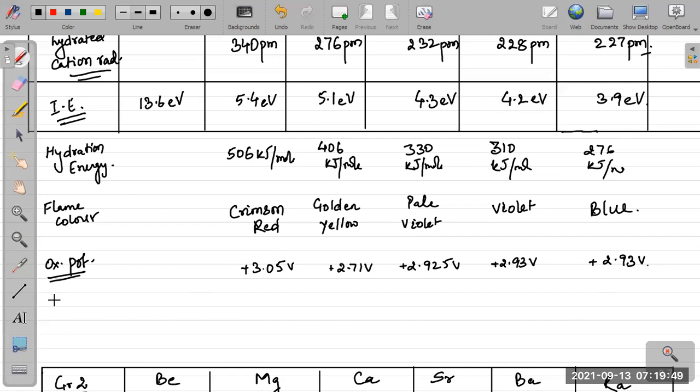So oxidation potential down the group, kind of from here to here it is constant. यहाँ से ये कम हुआ, उसके बाद ये almost same है.